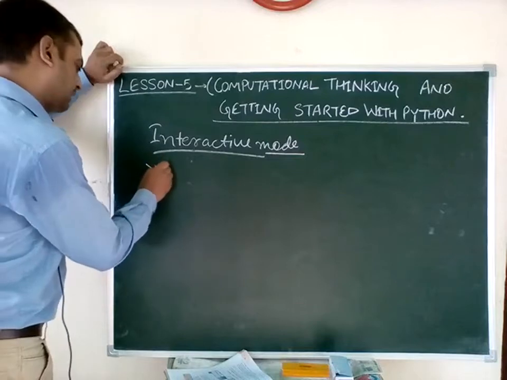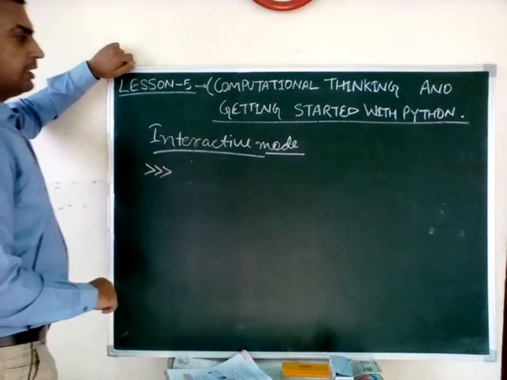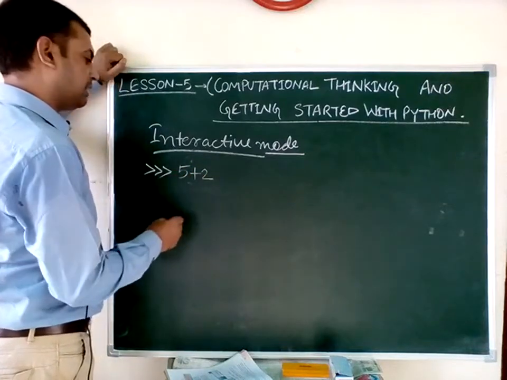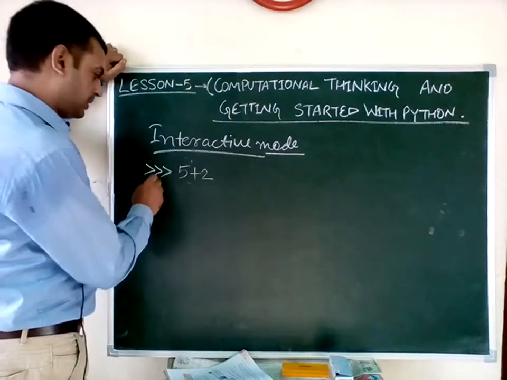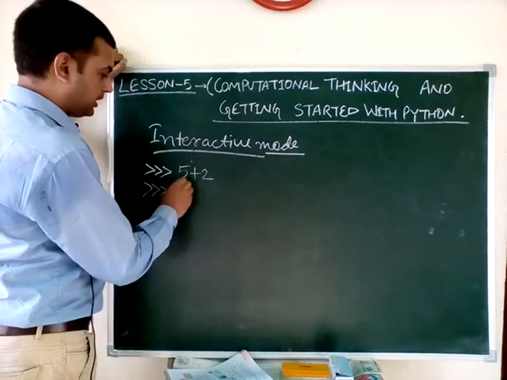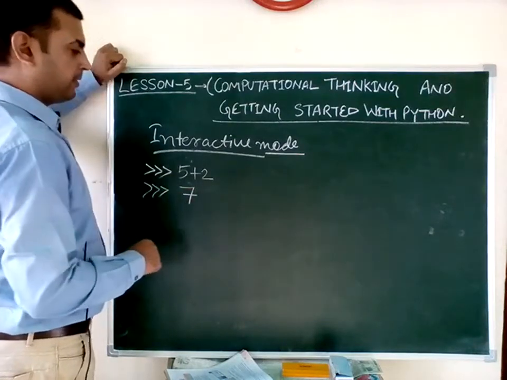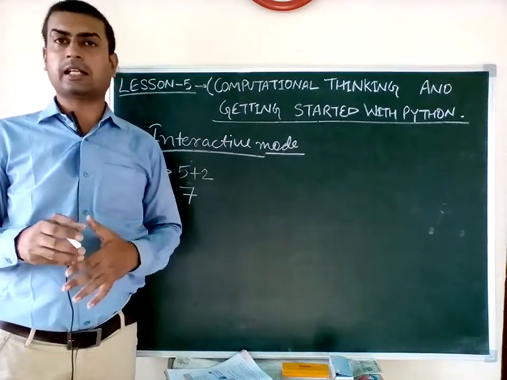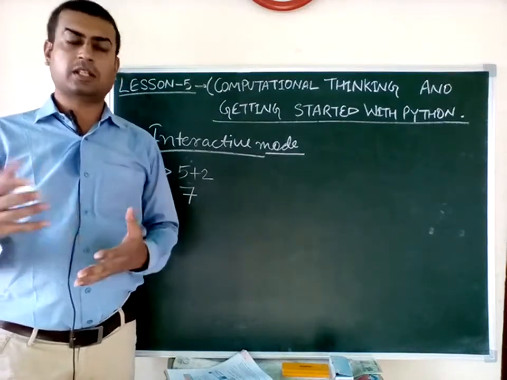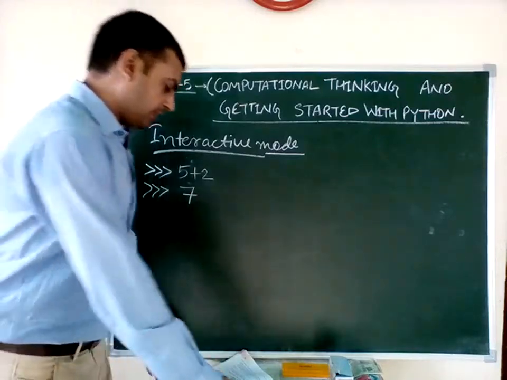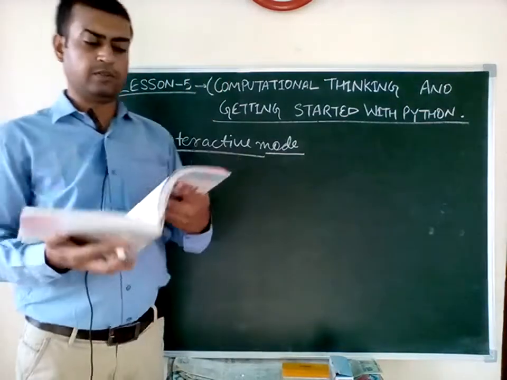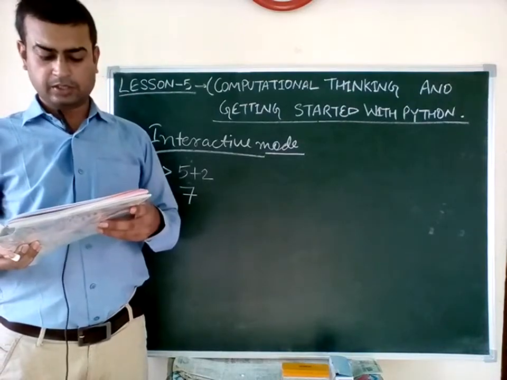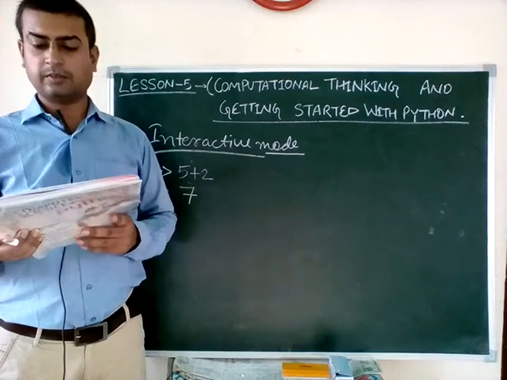In these 3 angular brackets you can write any one line, like 5 plus 2, and then after you press the enter button, the brackets will come again and it will show you the answer 7. So you can use this software as a calculator also for one line execution. Now this working mode of IDLE will be easily shown to you on your system with the interactive mode.